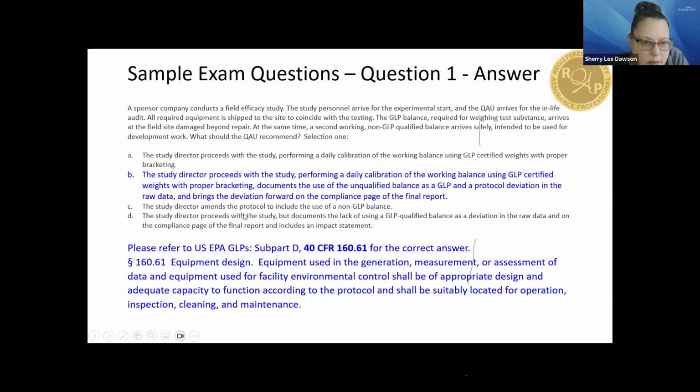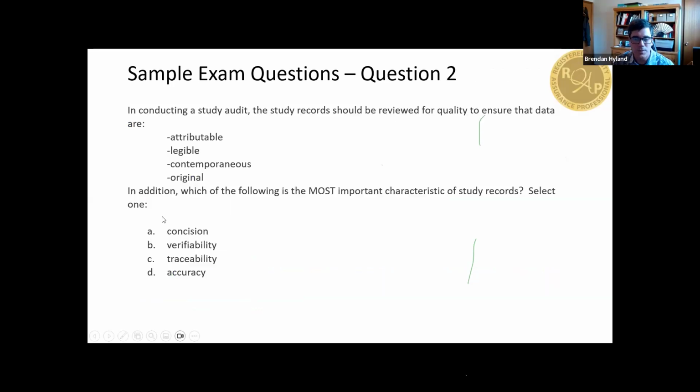It would depend on exactly, it is a little bit limited information. I think the part here is that part D just talks about the lack of using a GLP qualified balance as a deviation in the raw data and on the compliance page.